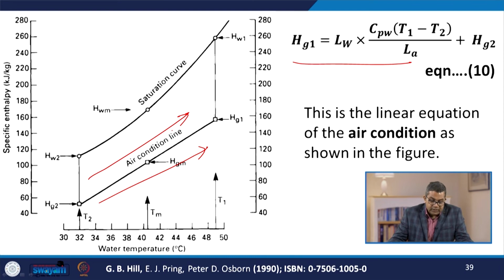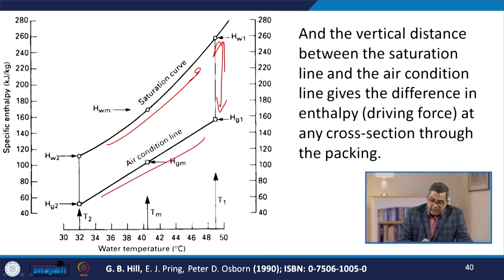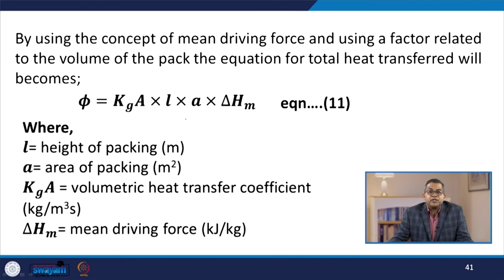The vertical distance between the saturation curve and the air conditioning line gives the difference in enthalpy, that is the driving force at any cross section through the packing. So, if we take this cross section, this gives you that useful information.